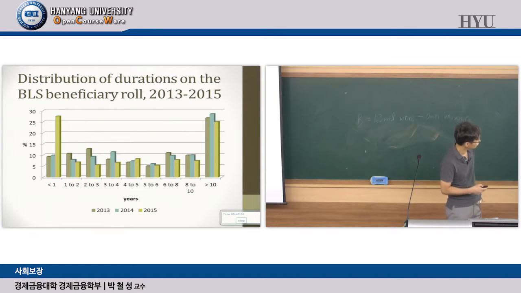So it doesn't look that bad in a sense. But this one is very high, 2015, because the eligibility condition was relaxed, so lots of people got into the welfare program for the first time in 2015. That's why. So if you look at all the statistics, okay.